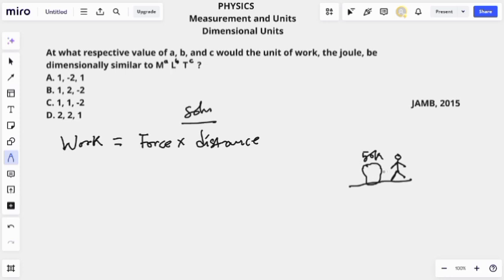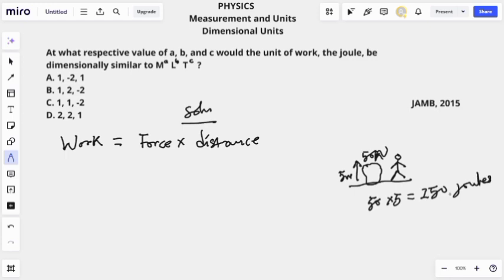You understand? So if this person lifts up this mass from the ground, maybe say 5 meters. Let's say the weight of this mass is 50 Newton. So if this person is able to lift this mass up to 5 meters, the work he has done in lifting up this mass will be what? 50 Newton times 5 meters, which will be 250 joules.